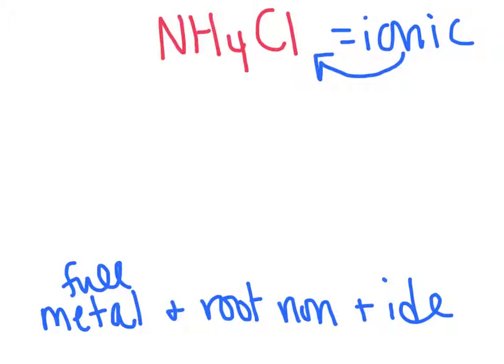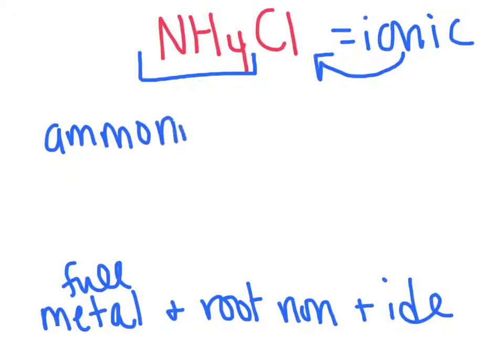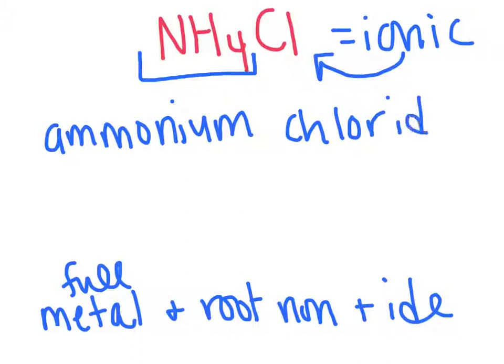If you see more than 2 elements, it has to contain a polyatomic ion. Has to. So there is our polyatomic ion, and the rule is that I just always take its full name. It doesn't matter if it comes first or second, I always write its name. And then I write chloride. So just like I did last time.